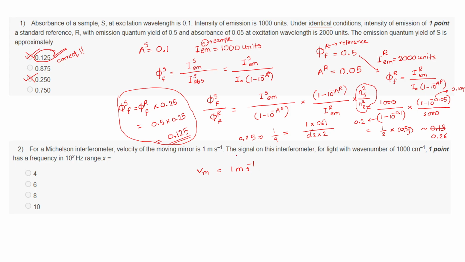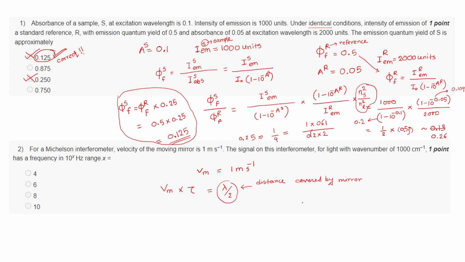So we have to be very careful. The signal on this interferometer for light with wave number 1000 centimeter inverse. So let me remember the formula. I also don't remember. What I can remember is that velocity multiplied by the time will give you lambda by 2, the distance covered by the mirror, right?